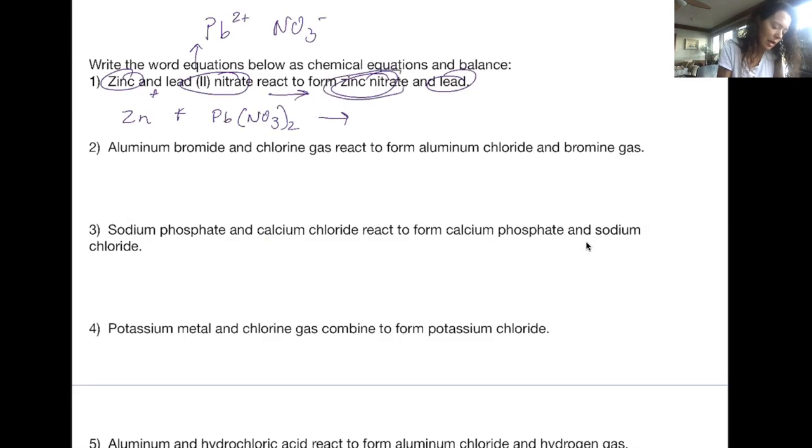Zinc nitrate. All right, get the formula. Come back. Zinc, Zn2 plus, always a 2 plus. That's why they're not telling you. NO3 negative gives me Zn(NO3)2, and plus lead, Pb.